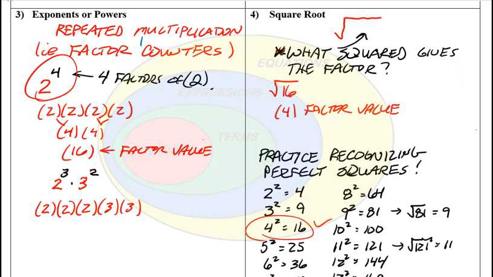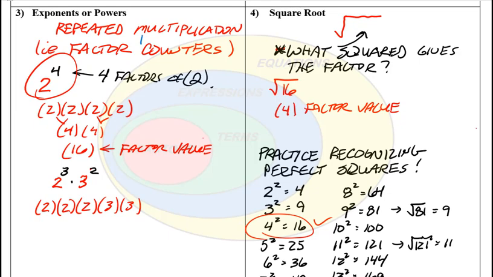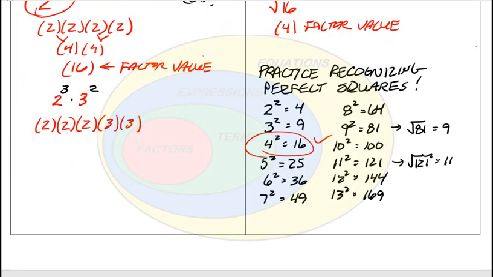If we're dealing with square roots a lot, we need to get comfortable with recognizing perfect squares, numbers that are perfect squares. So we could write this list and get used to seeing perfect squares. Like 81 is a perfect square. It's 9 squared.